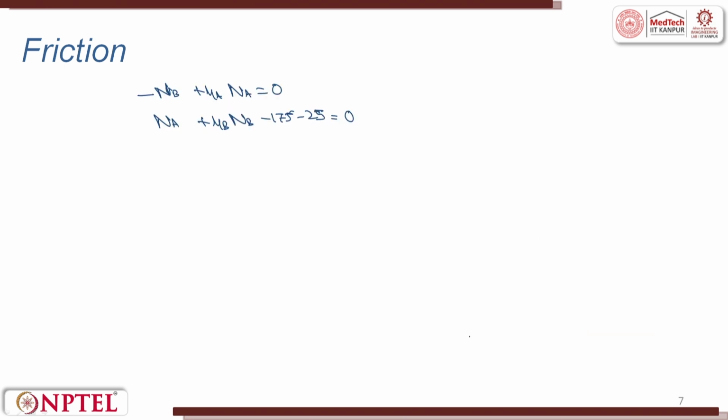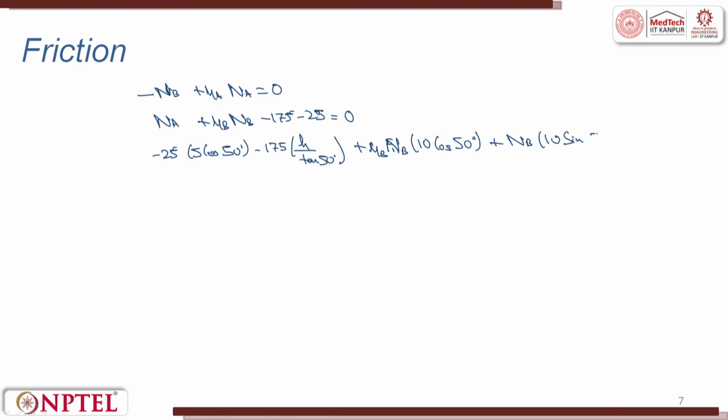So, this is minus 25 into 5 cos 50 degrees minus 175 h by tan 50 degrees plus, here is the substitution of Fb, that is nu B into Nb into length cos 50 degrees, plus Nb into sin 50 degrees, this is equal to 0.